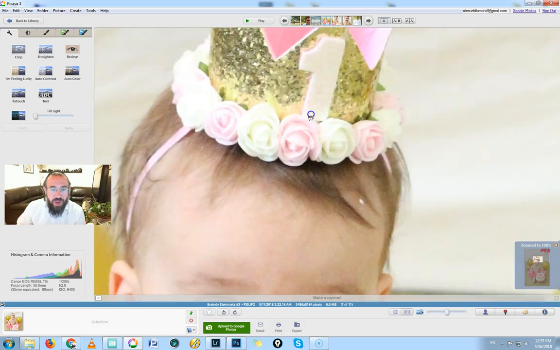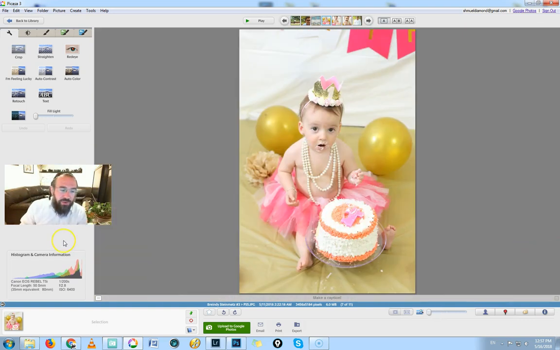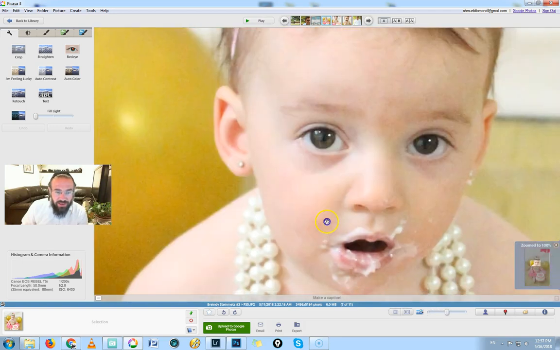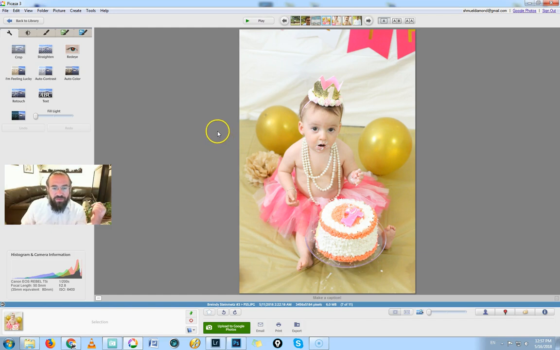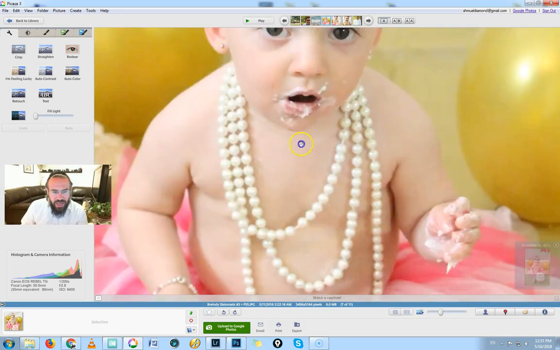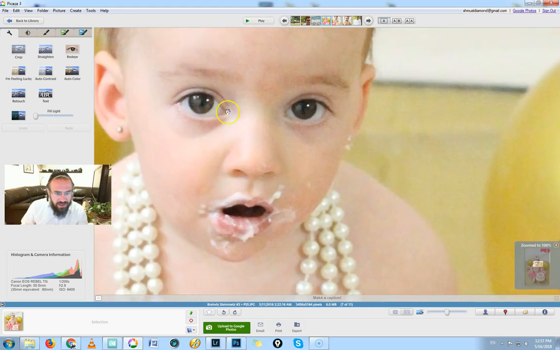But that is your issue, that you were using a high ISO, but you really needed to use a high ISO because there wasn't a lot of light over here. You were indoors, like you said, and I think there was a window. Yeah, there's a window to the left of us looking at the child, and there is some kind of light on the right side.